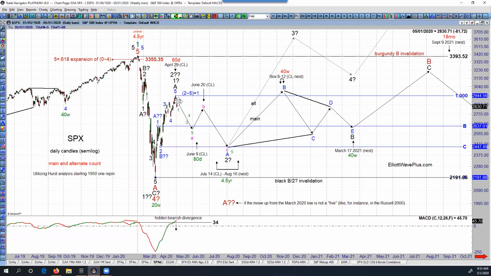The main count is that we moved down in a zigzag down through August, and it's a substantial move.